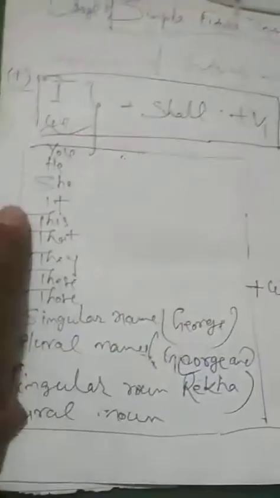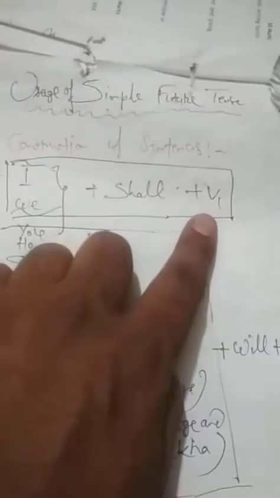If these are the subjects, then will plus V1. If the subjects are I and we, then shall plus V1.